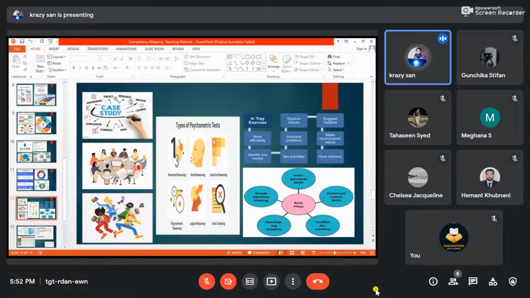In the inter exercise, it can be like working efficiently, identifying the key issues of the organization or of the employee and trying to resolve them as soon as possible. Then comes setting priorities, accepting problems, exploring the issues, suggesting options. Don't take decisions on behalf of your employee or your team members.